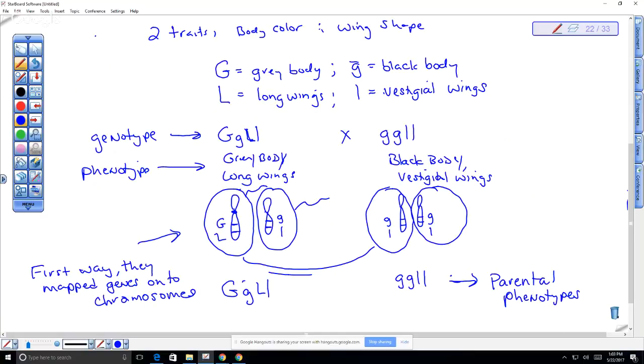Actually, I don't ever test over names, but it was kind of interesting. Working in Morgan's lab was an undergraduate student, and he had this brilliant idea to map the genes based upon the percent of recombinant offspring produced. When you map them to chromosomes, they call them map units. So I'll say that 1% recombinant offspring.